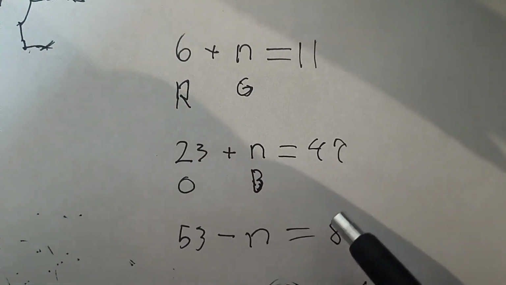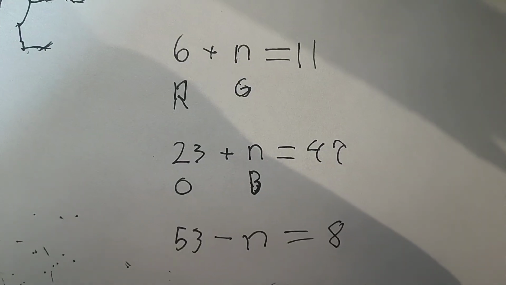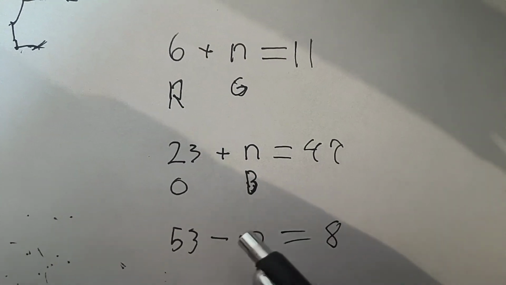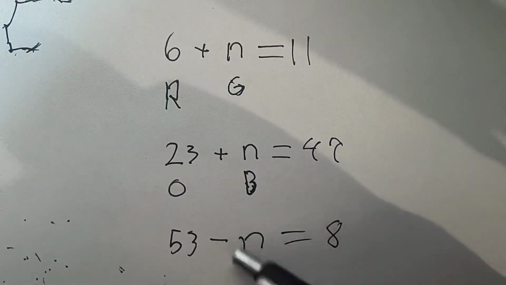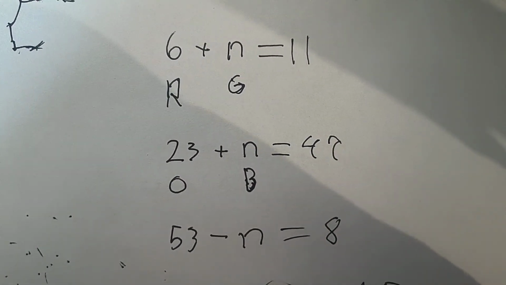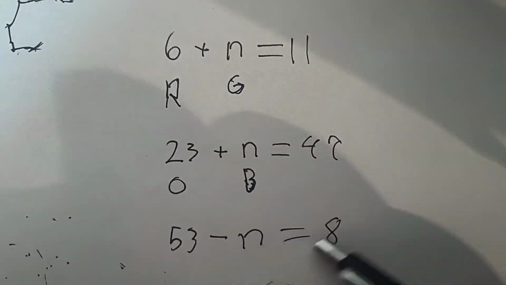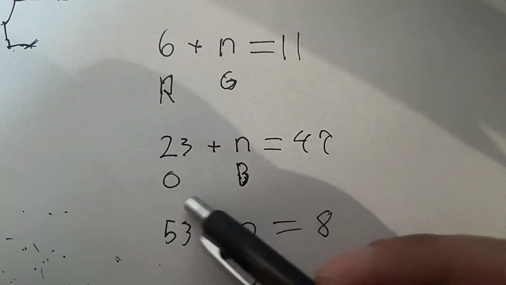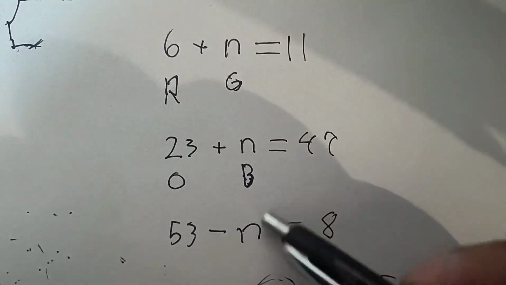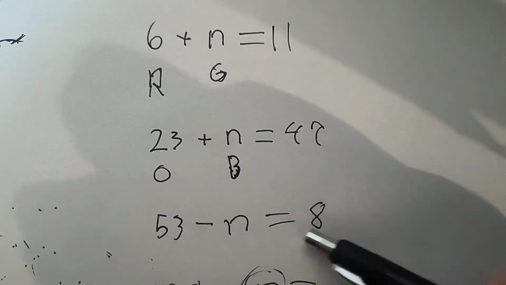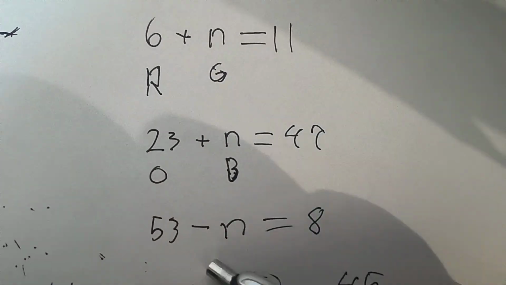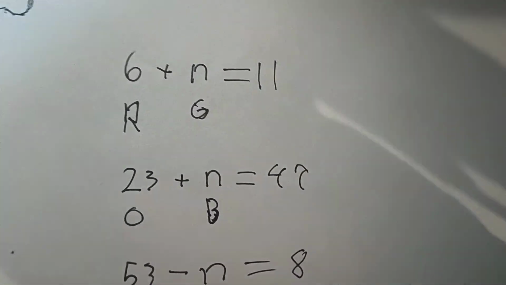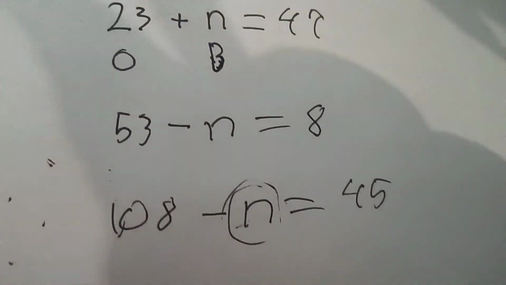We can figure it out by subtracting 8 from 53, but we know that a certain amount was taken. We don't know how much, and now we only have 8. And this is how we'd represent that. We'd say 53, the amount that we had at the beginning of the day, minus the amount that was stolen, we don't know, equals the amount we have at the end of the day. Maybe it wasn't stolen, but you know what I'm talking about. It probably was stolen.